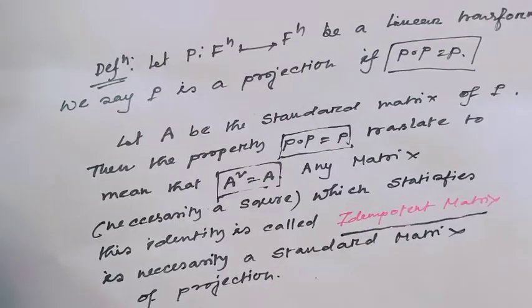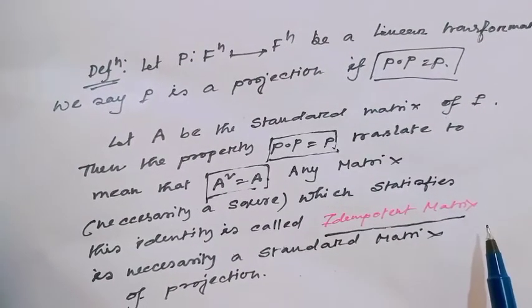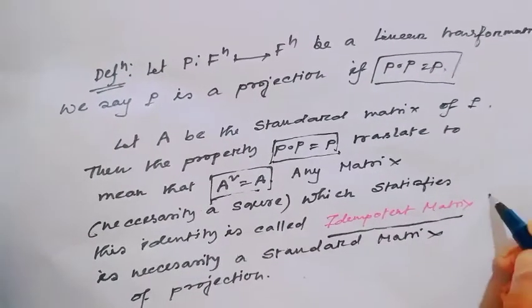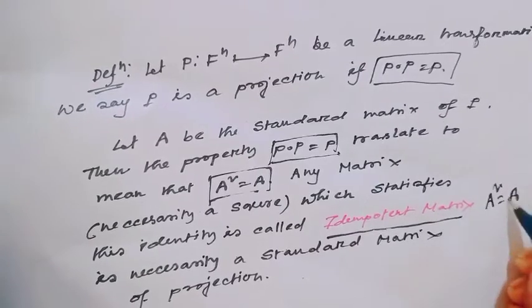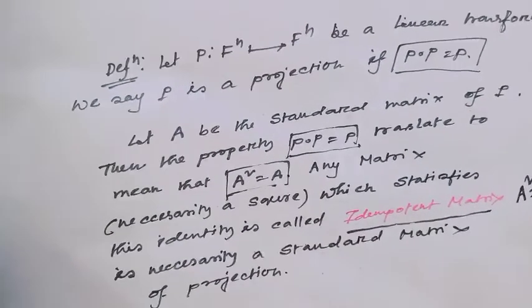That means another name for a projection matrix is idempotent matrix. Here the definition of an idempotent matrix is that it satisfies A square equal to A. Okay, and this is actually the projection matrix.